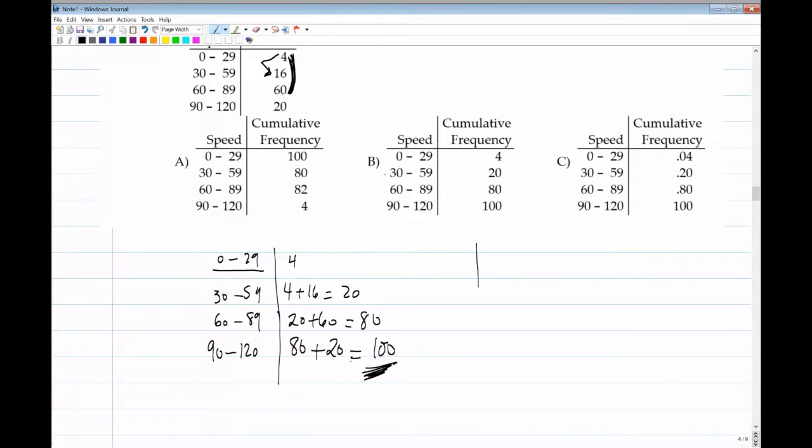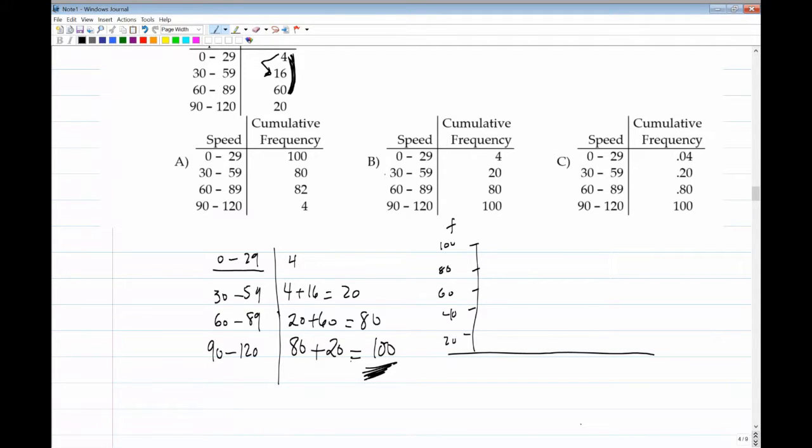If you look at the graph of this one, over here the frequency, let's say we're dividing this by 20: 20, 40, 60, 80, 100.